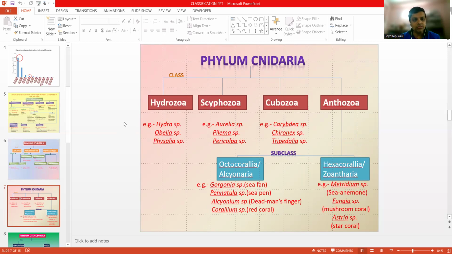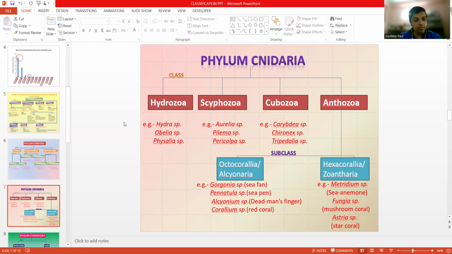So these are the first phylum where you can find the tissue or organ system. Now let us start talking about phylum Nidaria.